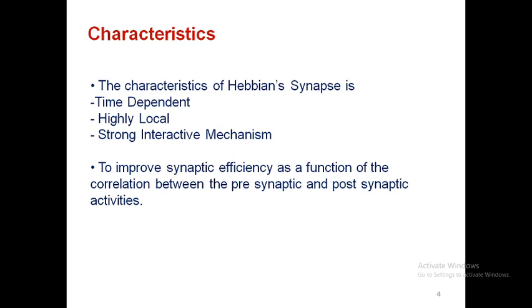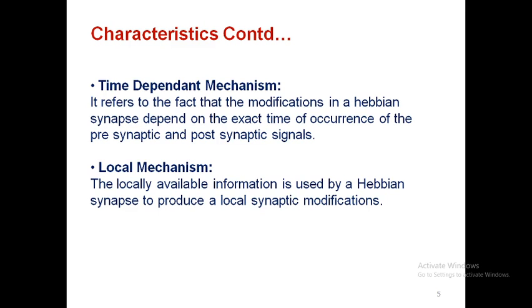Correlation is developed between the presynaptic as well as postsynaptic nodes. So it is a time dependent mechanism, like I explained. It refers to the fact that the modifications in a Hebbian synapse depend on the exact time of occurrence. If you take a single perceptron or one connection link, that is a synapse, on either side of the synapse you have nodes.